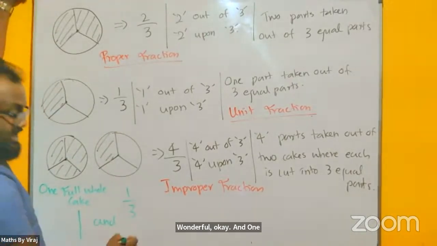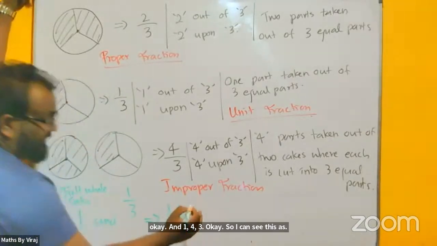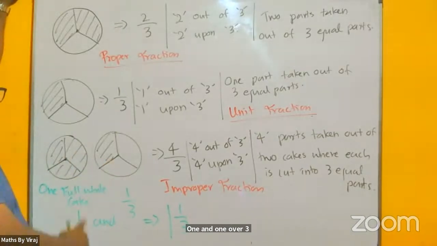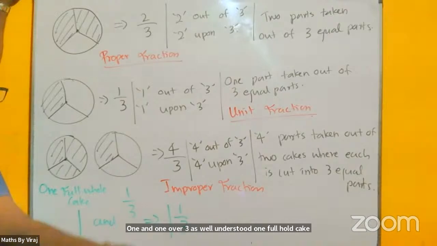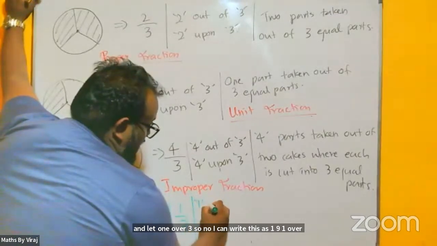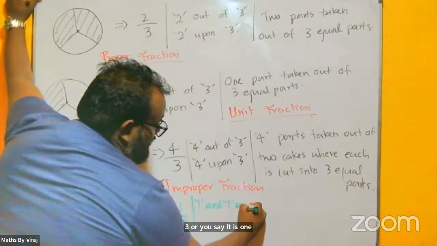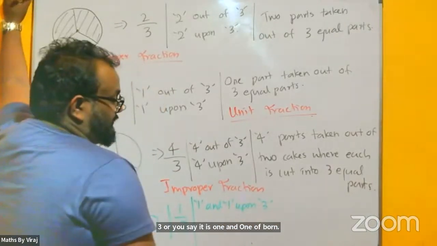Correct? So I can say this as 1 and 1 over 3 as well. One full whole cake and 1 over 3. How do you say this? 1 and 1 upon 3.